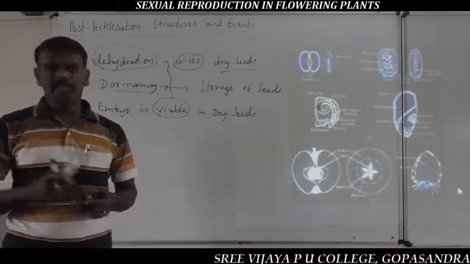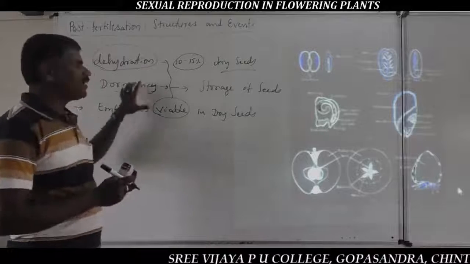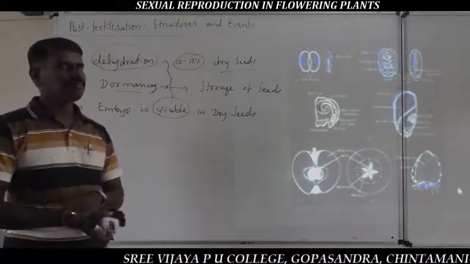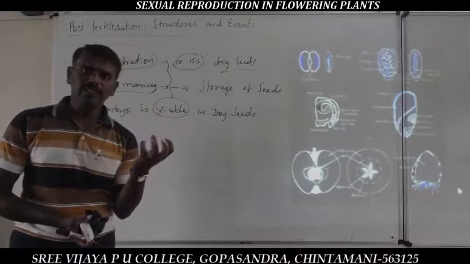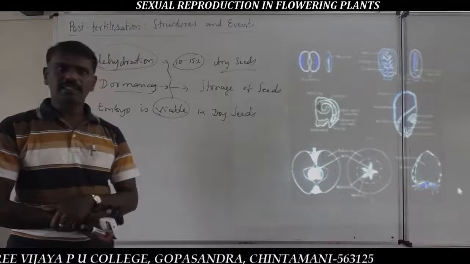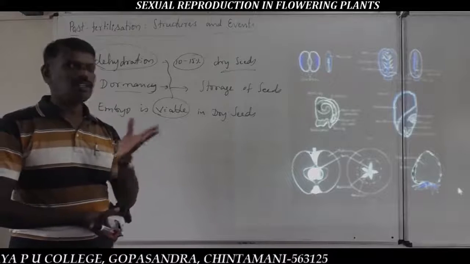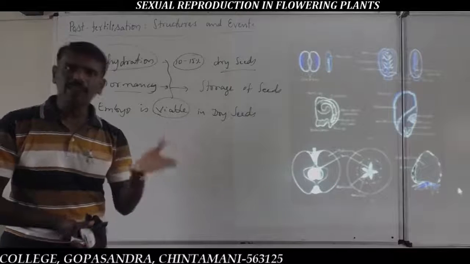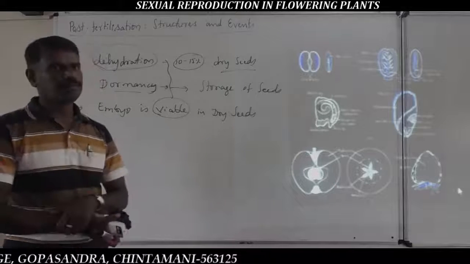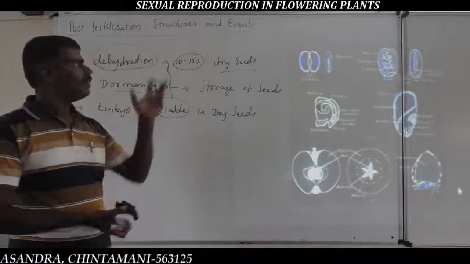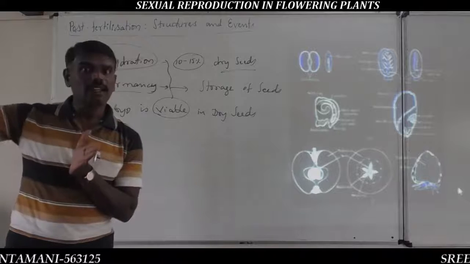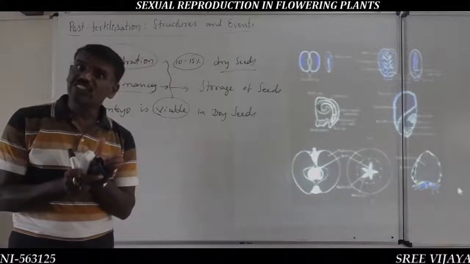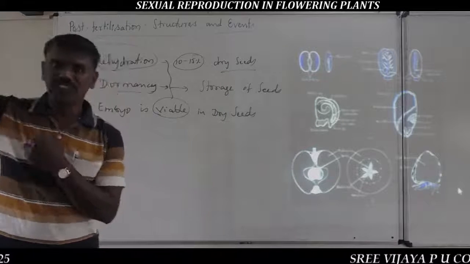If these two processes did not occur in the seeds, a mature seed produced by a plant could not be used as food or for culturing a new crop. Such seeds would not be used in the next season.